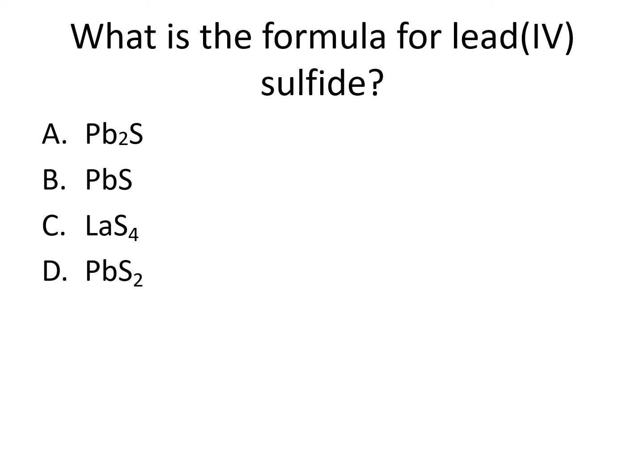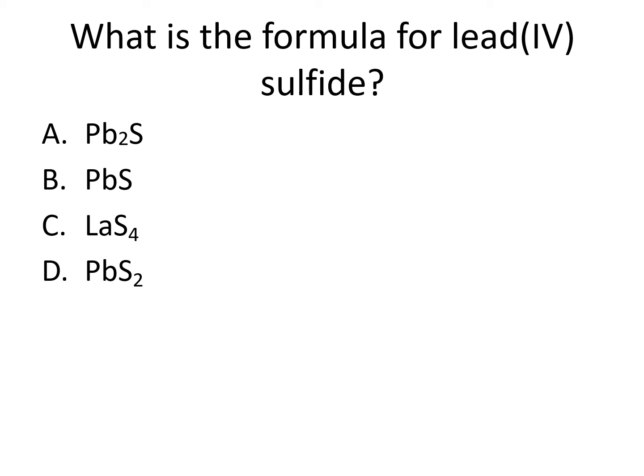What is the formula for lead(IV) sulfide? Keep in mind that ionic compounds are 3-dimensional arrays. The formula of ionic compounds isn't the exact number of atoms of each type, but it's actually a repeating pattern with a ratio expressed in the formula. When we write the formula for an ionic compound, we want to express it in the lowest whole number ratio.